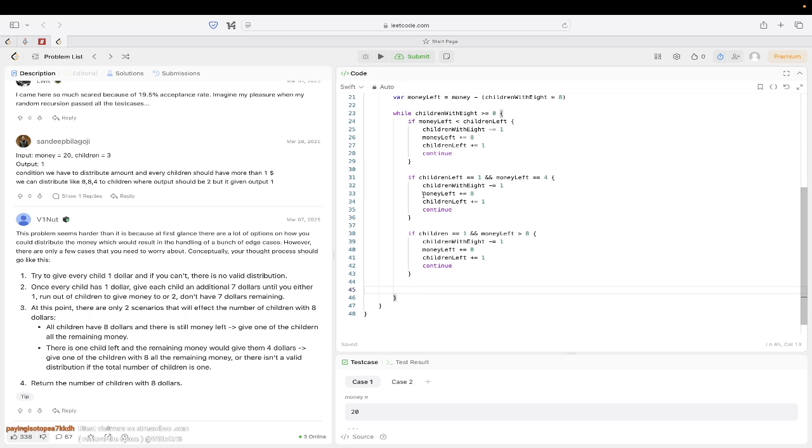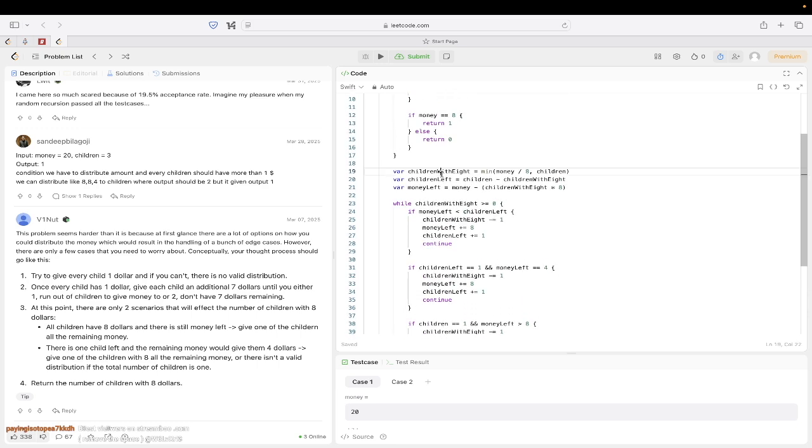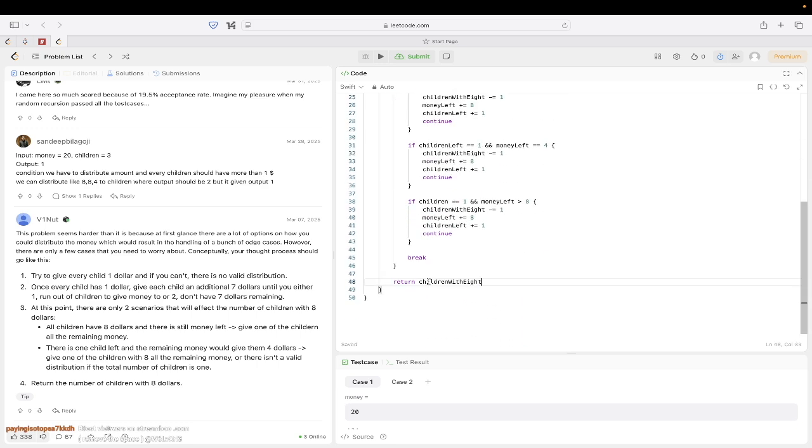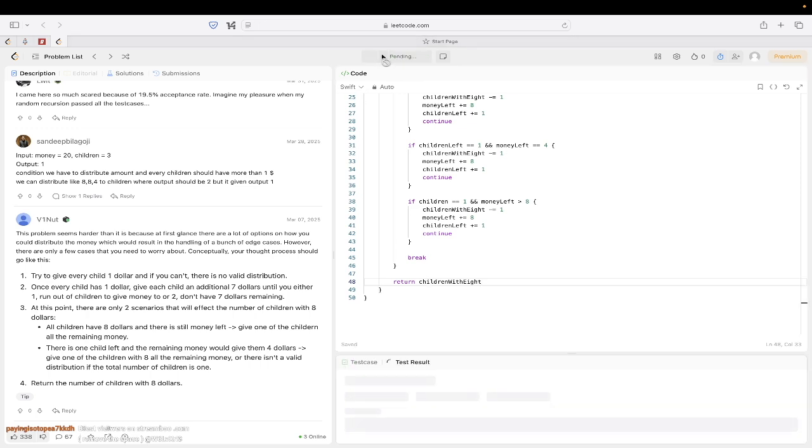What else? Okay, let's just break. Here, this is our while loop. And then we can just return this. This might not work, but we're trying.